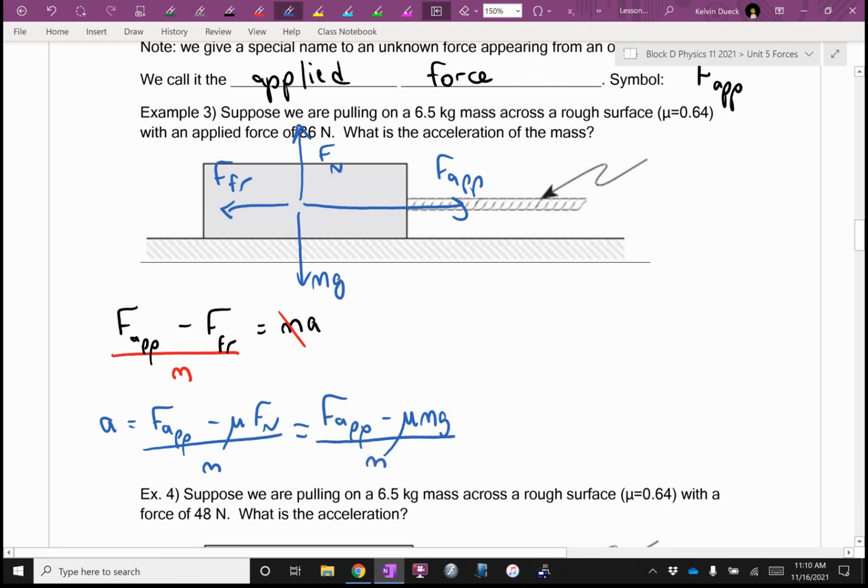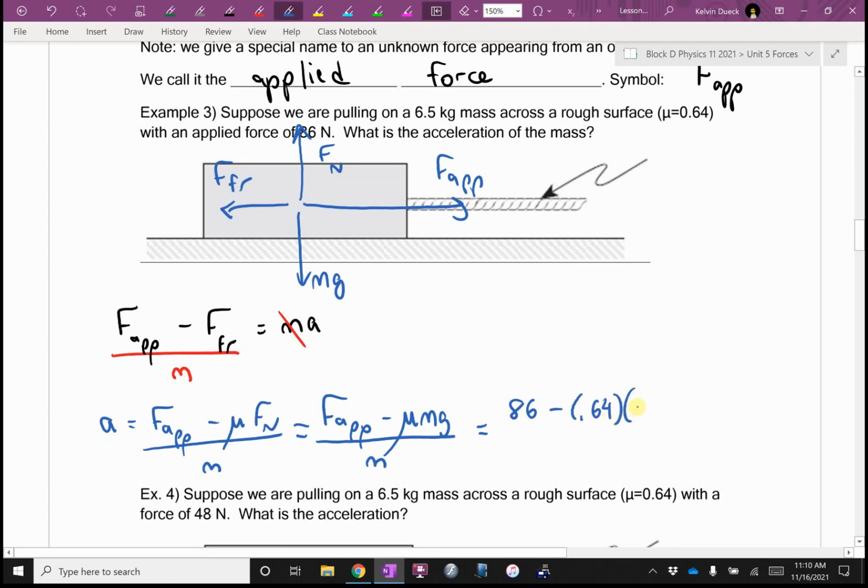I'm showing every step in my notes right now. If in the homework you get fairly good at this and you think I can go from this line to this line without the intermediate, I'm not going to panic or freak out, but this is just to let you know our thinking. I think now we can plug and chug. Dan, what was F applied? Good. Minus what's mu?